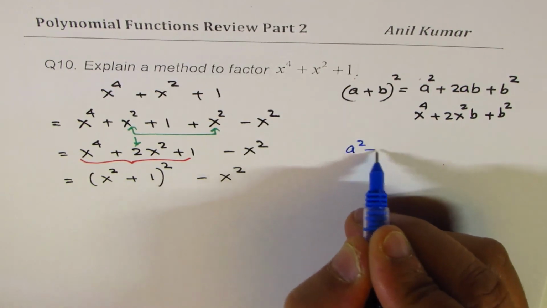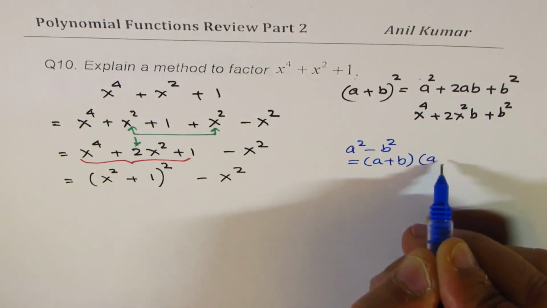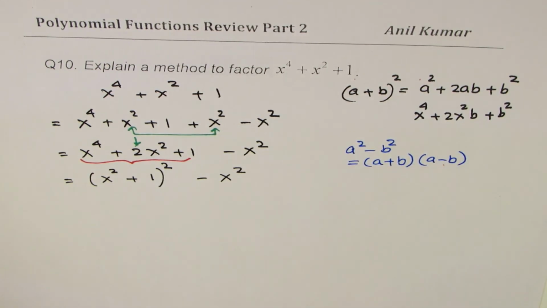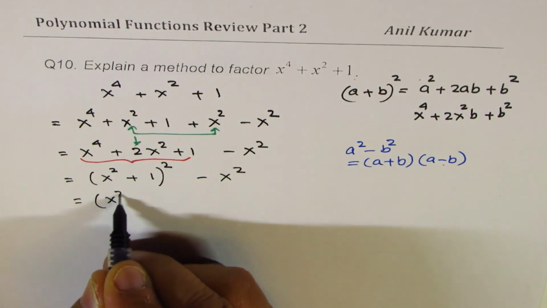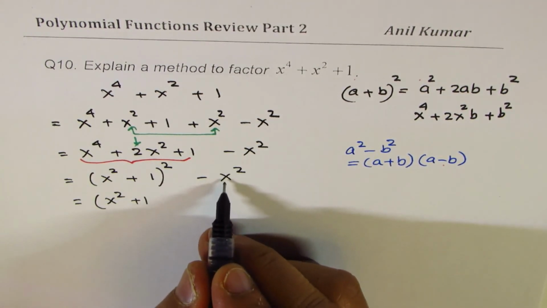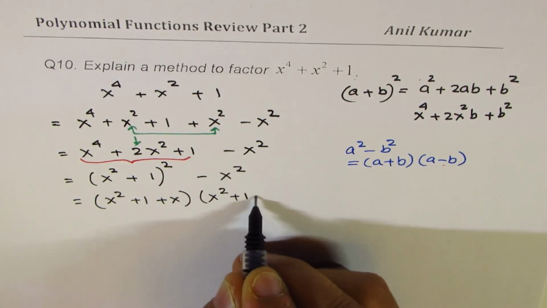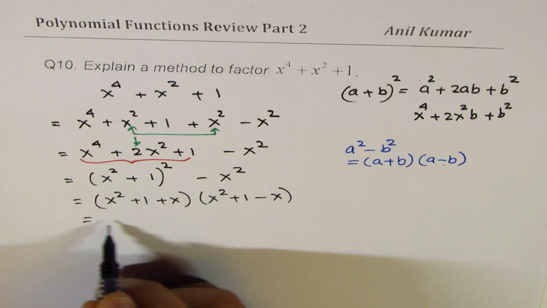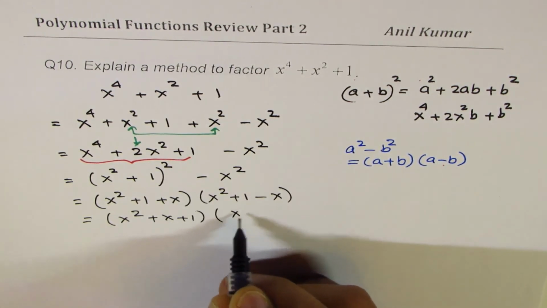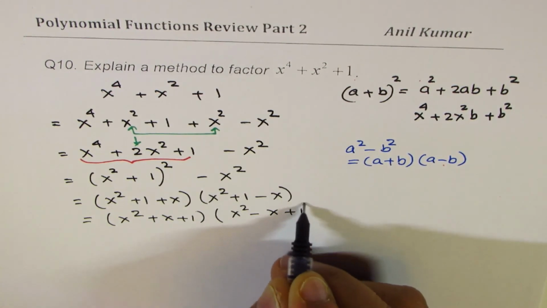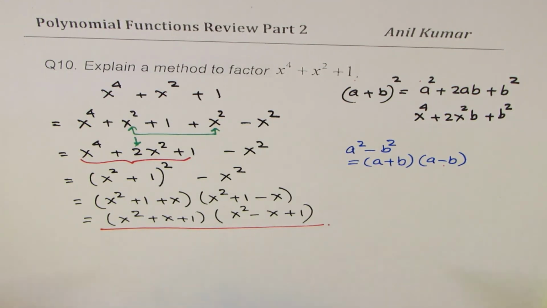For example, a square minus b square is equal to a plus b times a minus b, right? So this difference of squares could be written as a is x square plus 1 for us, and b is x, so x square plus 1 plus x, times x square plus 1 minus x. Just rearrange this. So we get x square plus x plus 1 times x square minus x plus 1. Do you get an idea? So we have factored unfactorable.